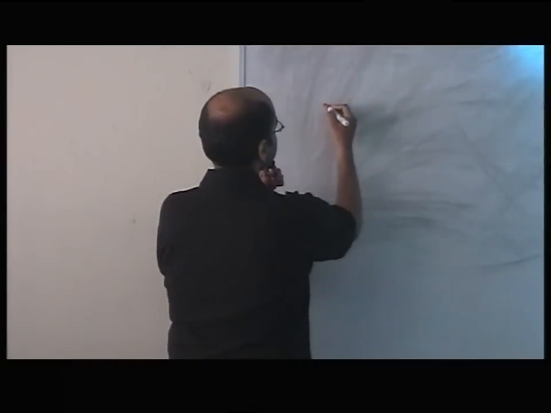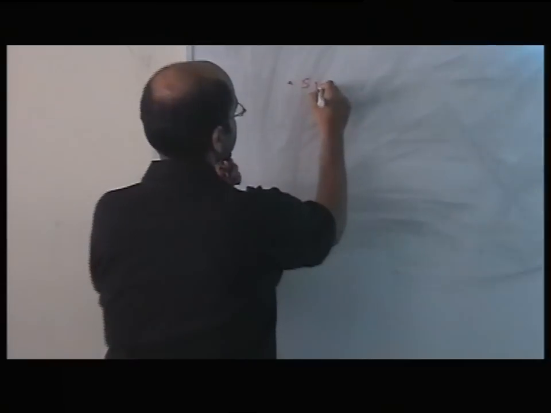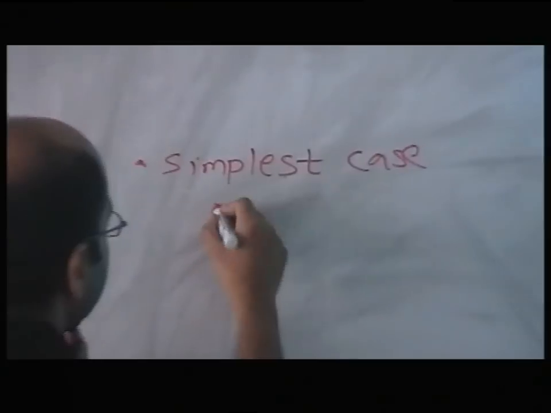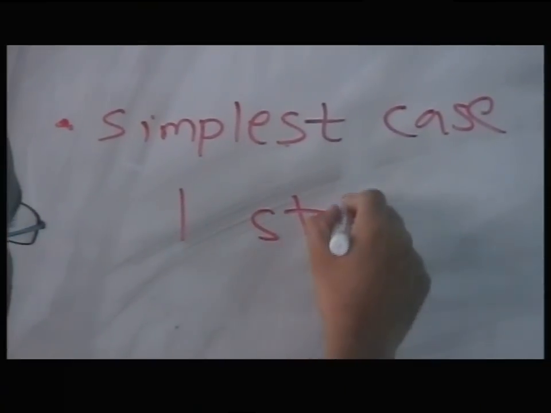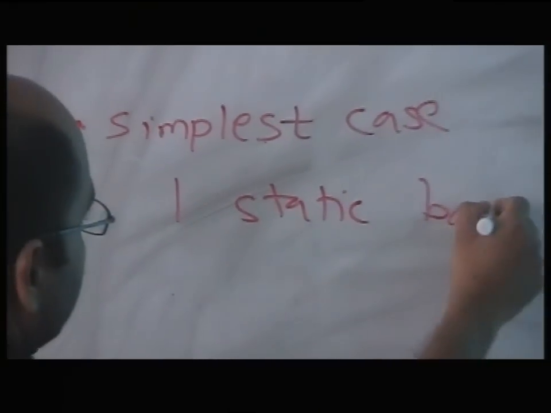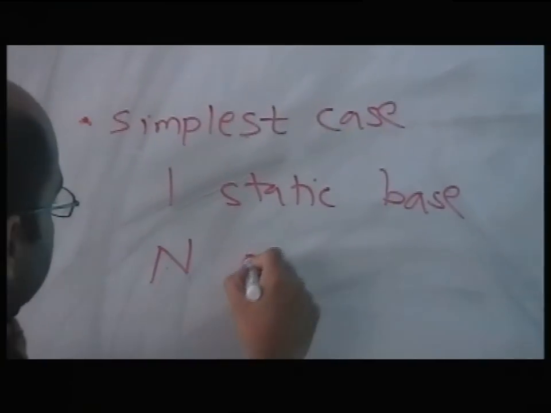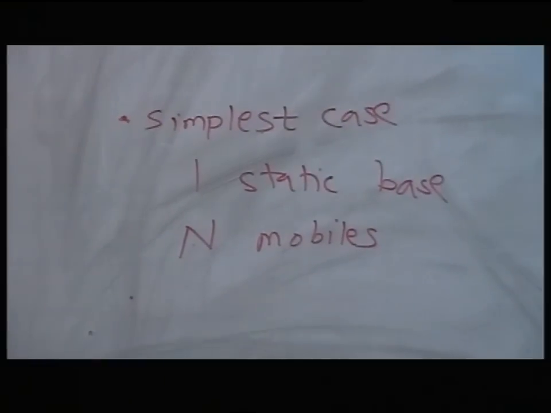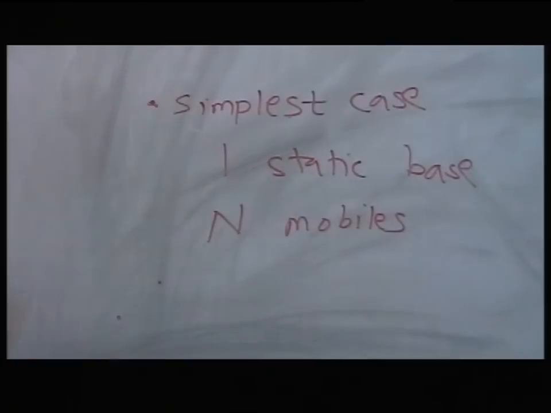Now, the second case. Let's say the simplest case is when there is one static base and mobiles. So this is one simple case. Now a node can be mobile within that area or the range of that base station.